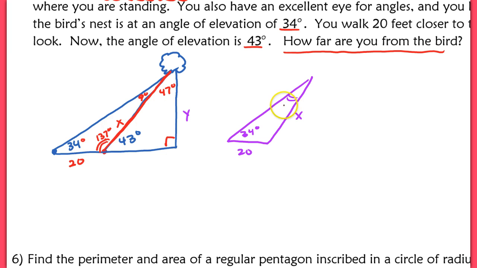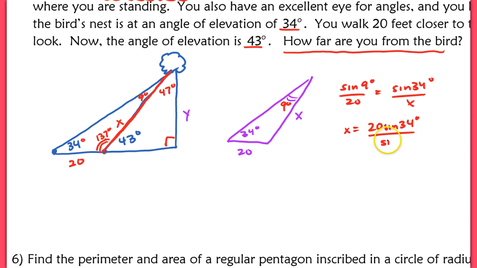Now, since that's 9 degrees here, this little angle measure, I'm okay to set up the law of sines. So I have the law of sines, which states the sine of 9 degrees over 20 is equal to the sine of 34 degrees over x. And actually, it probably would have been easier if I had set it up with x on top. That was a silly thing for me to have done, putting it in the denominator. But oh well. So solving for x, we end up with 20 times the sine of 34 degrees over the sine of 90 degrees.